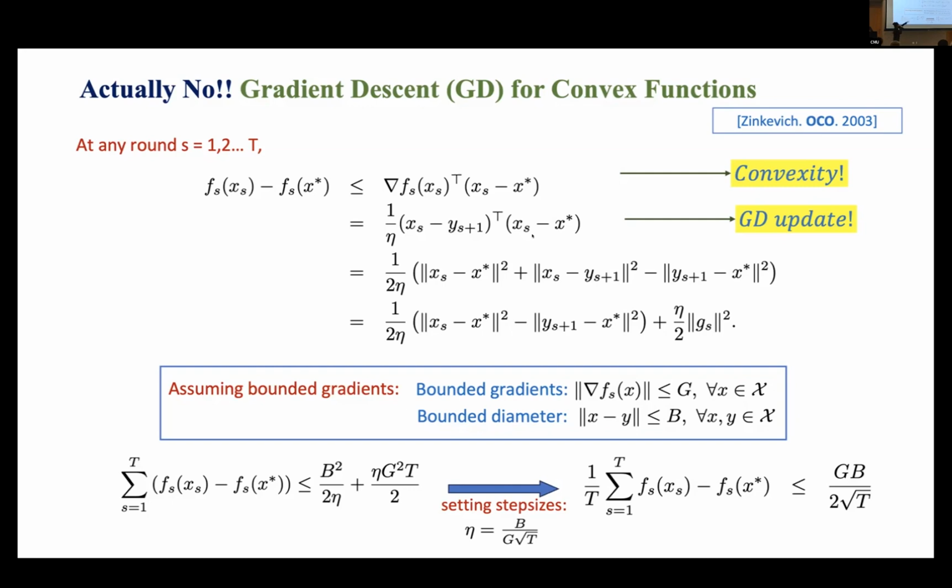But if you look closely, nothing breaks in the analysis. The same telescoping happens here because it's on the x, not on f of x. The telescoping happens and you get the same rate. That's the beauty of this online gradient descent algorithm: even if the functions are changing over time, it can adapt itself and still find the best predictor in hindsight.